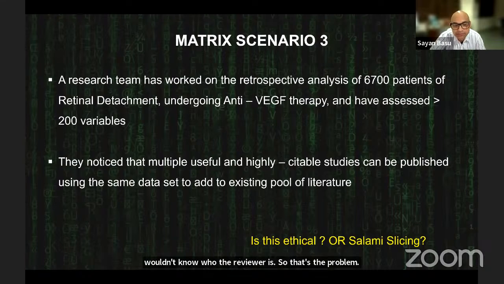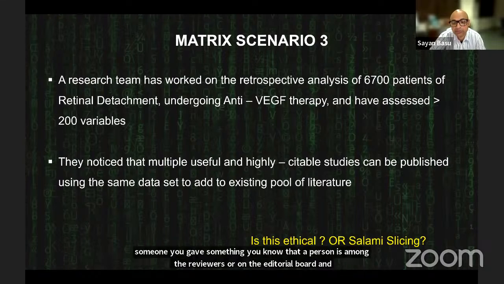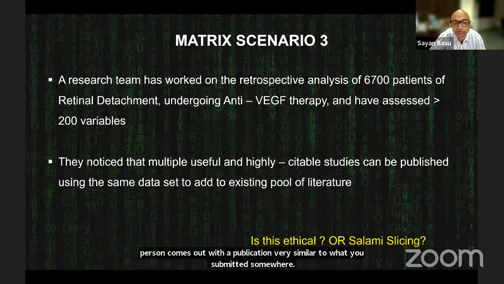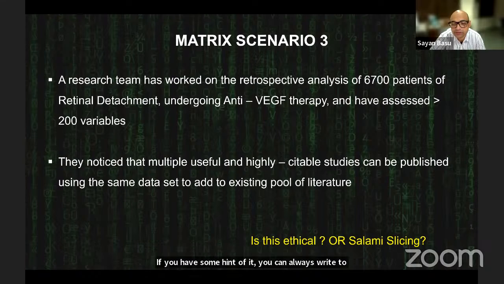But if you suspect something like that has happened, that someone you gave something to is among the reviewers or on the editorial board, and that person comes out with a publication very similar to what you submitted somewhere, if you have some hint of it, you can always write to the editor-in-chief of that journal, alleging what you suspect.